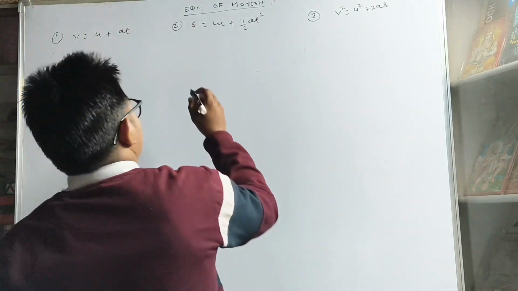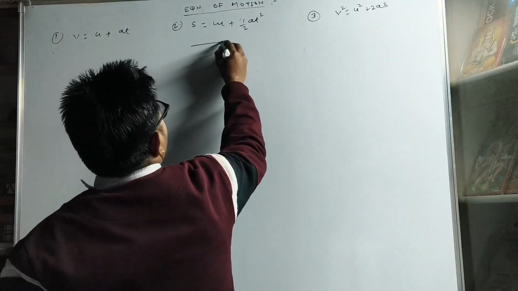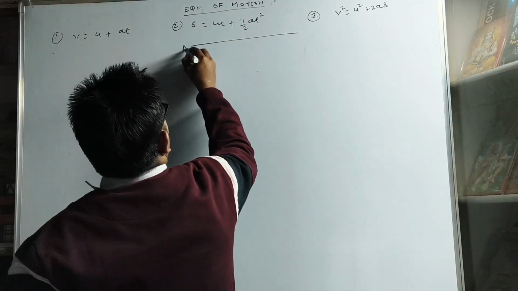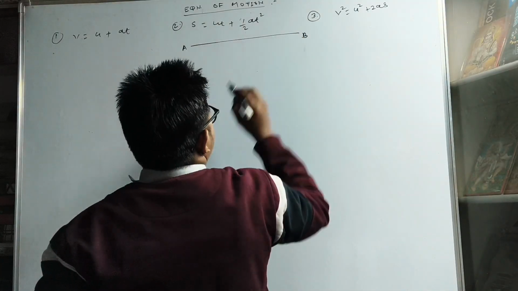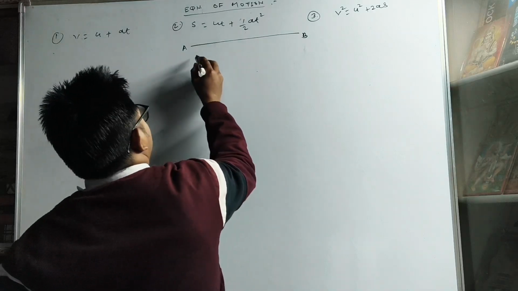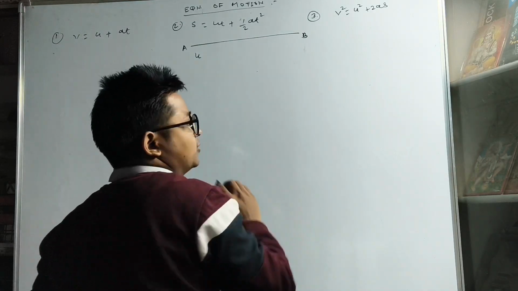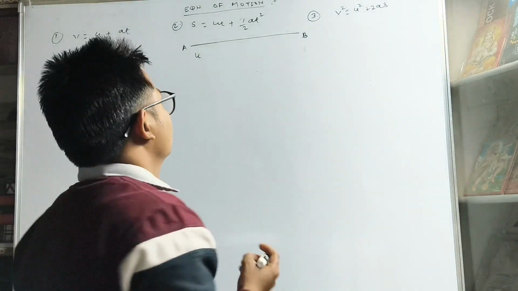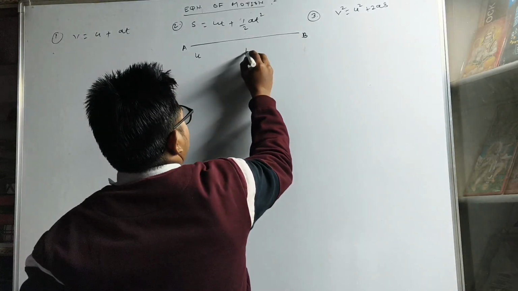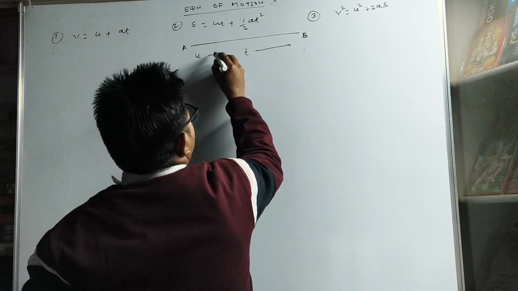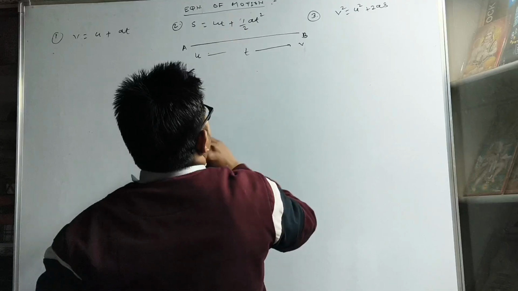Suppose that a particle is moving from point A to B on a straight line. Initially the speed of the particle is u, speed not velocity, and after time t the velocity of the particle becomes v.